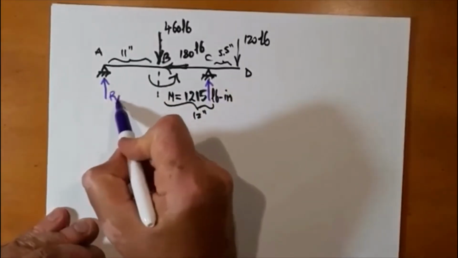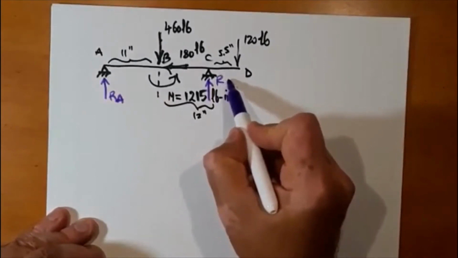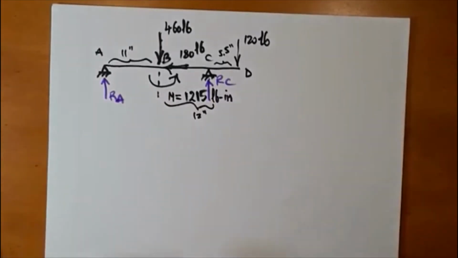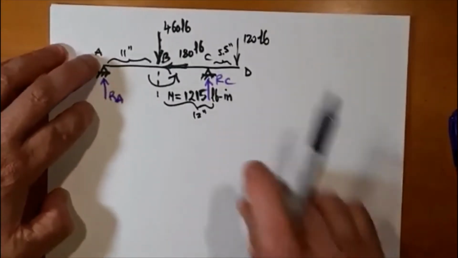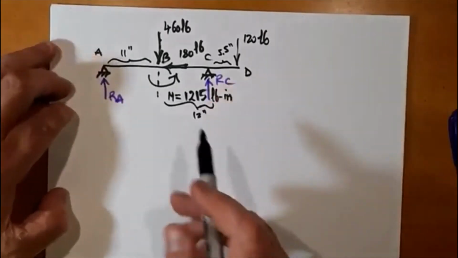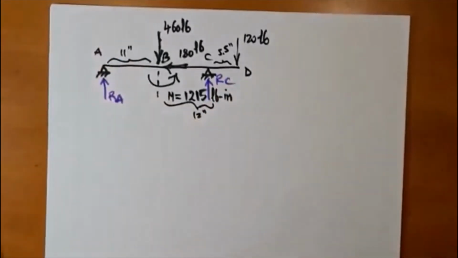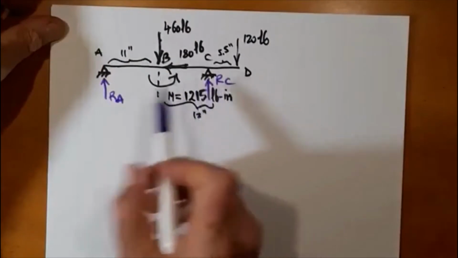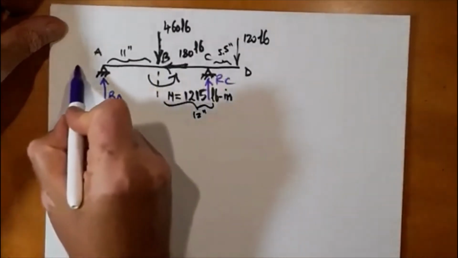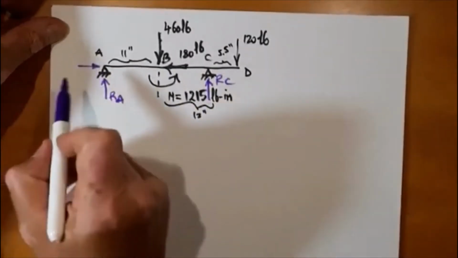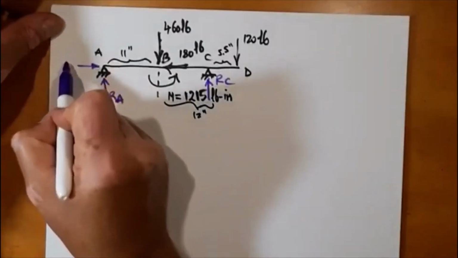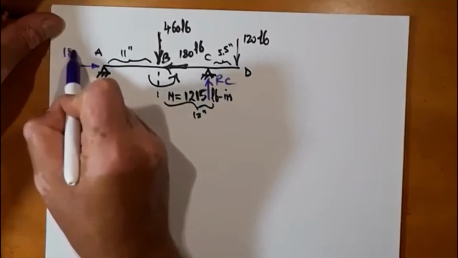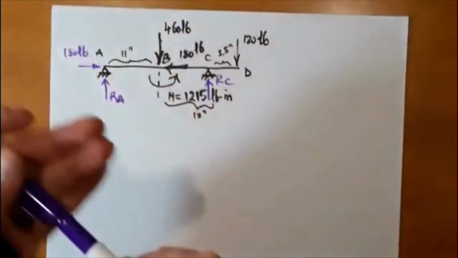A reaction at A and a reaction at C. Well, for that we need to sum moments about point A to calculate reaction at C. Also, it says choose which bearing of the two is going to take the axial load, and I'm assuming A to be that one. So I know reaction at A in the horizontal direction is going to be 180 pounds. Clearly sum of forces in the y direction.